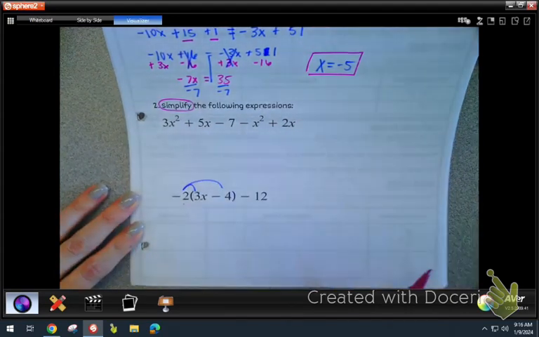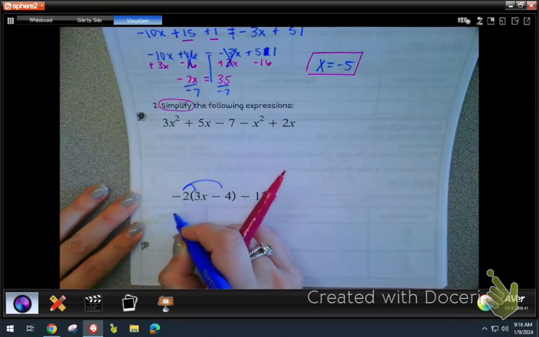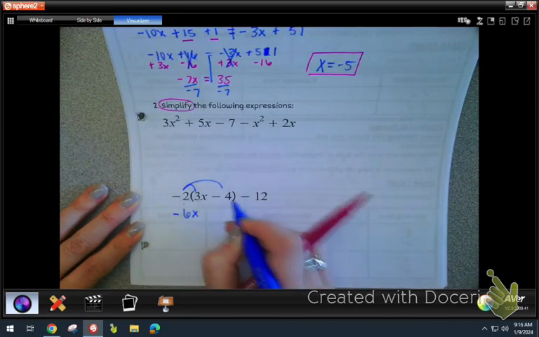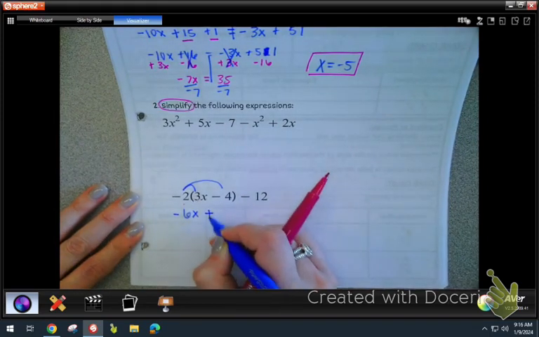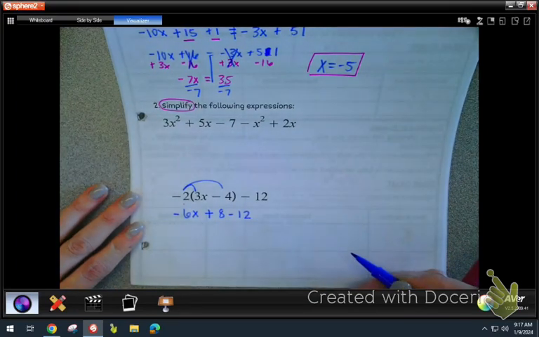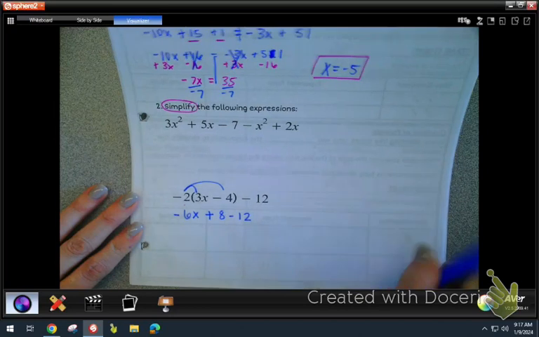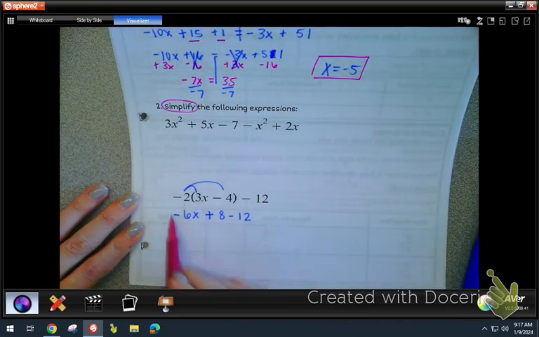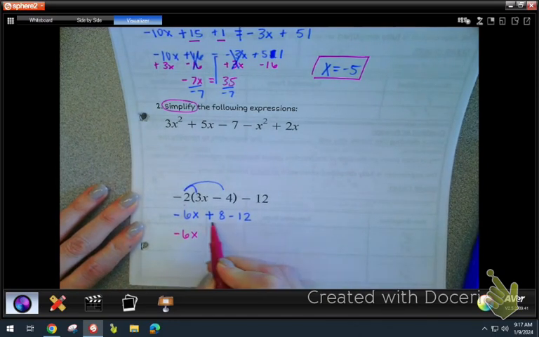Distributing. So I'm going to do that. Negative 2 times 3x is negative 6x. Negative 2 times negative 4 is positive 8. Watch those signs. And then at this point, do I have anything else that has an x with it? Anything in my list of terms? No. So I'm just going to leave that negative 6x there. But what about these two guys?